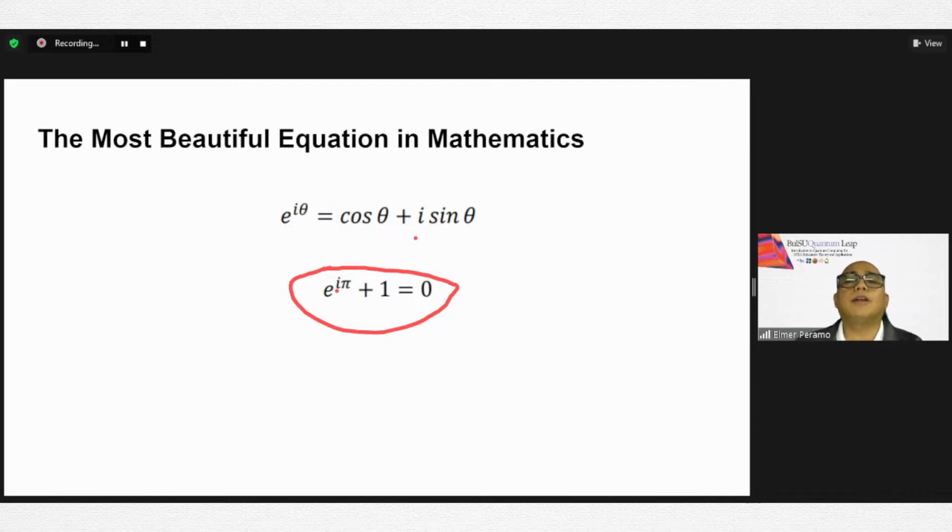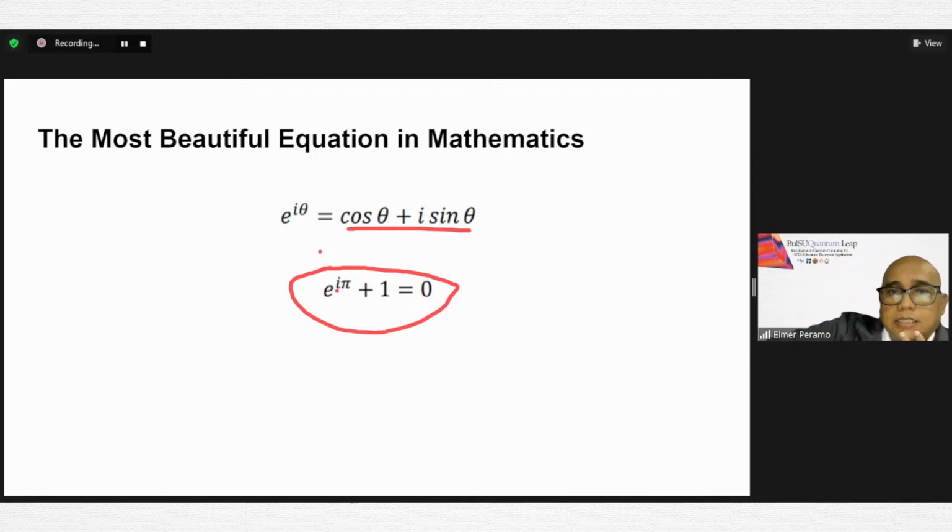Cosine pi is -1. What is sine pi? 0. So that's why this one is -1. If we let theta equal pi, this whole thing will become -1, and then add 1, so that's why you have here 0.